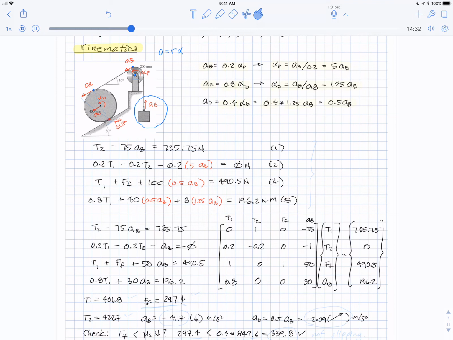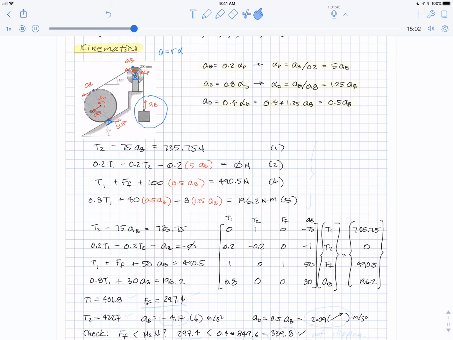Because I assume no slip, which we have to check later, this wheel is spinning about the bottom where it's touching the ground. To make it more apparent, I'm going to draw a little pin there. That disc is spinning about the bottom, not about its center.